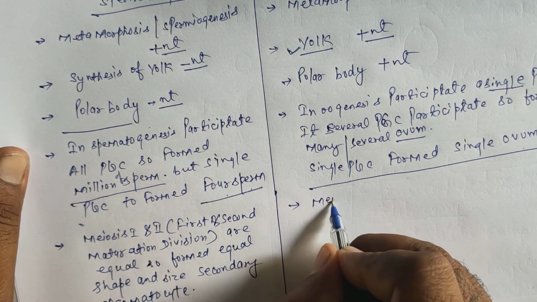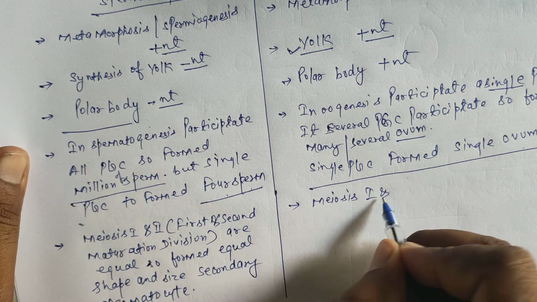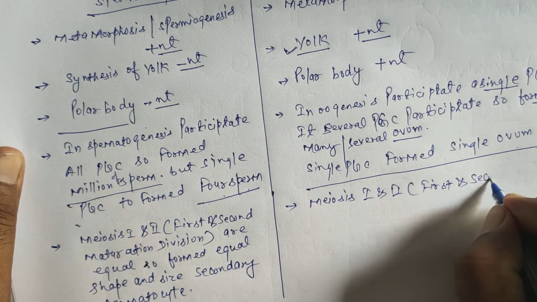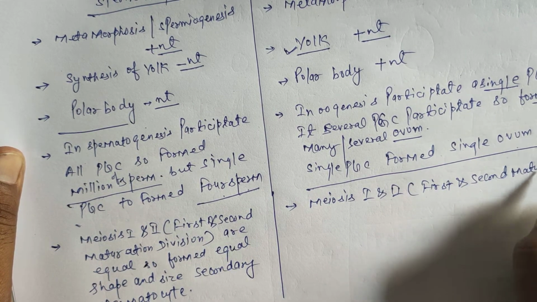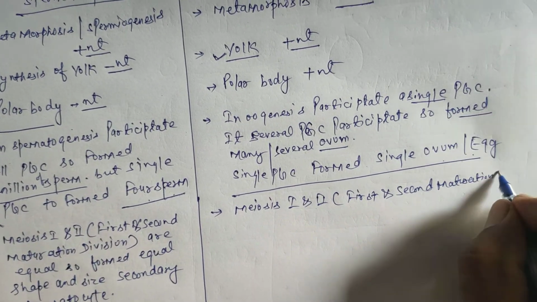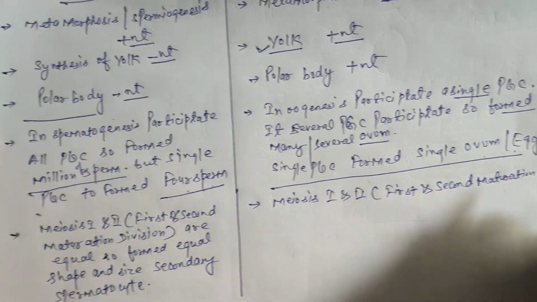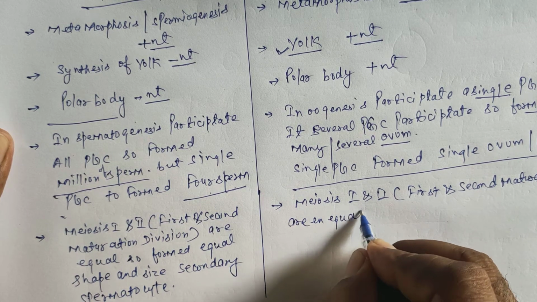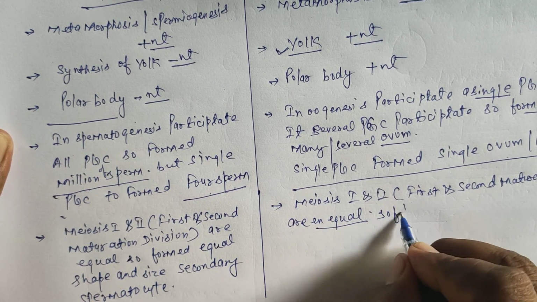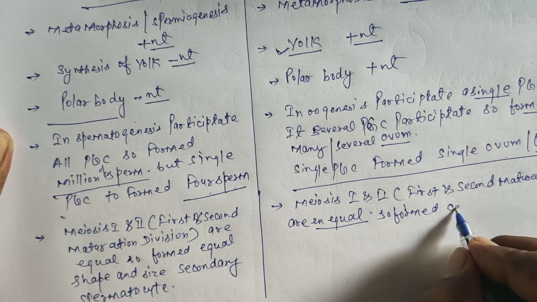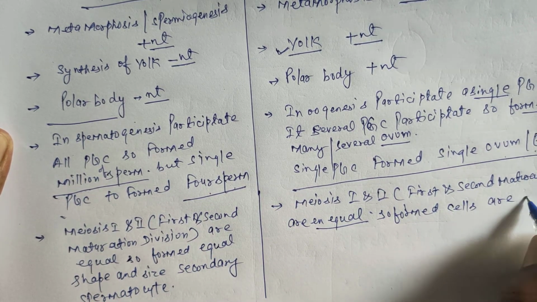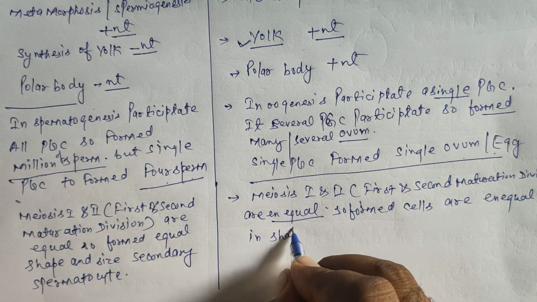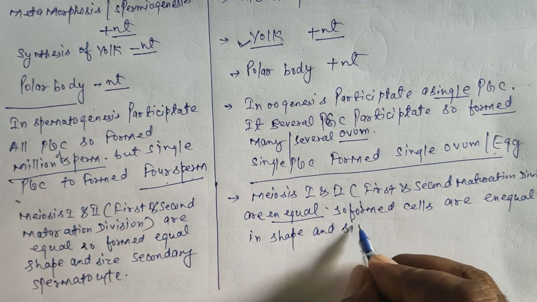Next, in oogenesis meiosis first and second, meaning first and second maturation division, are unequal, so the formed cells are unequal in shape and size.